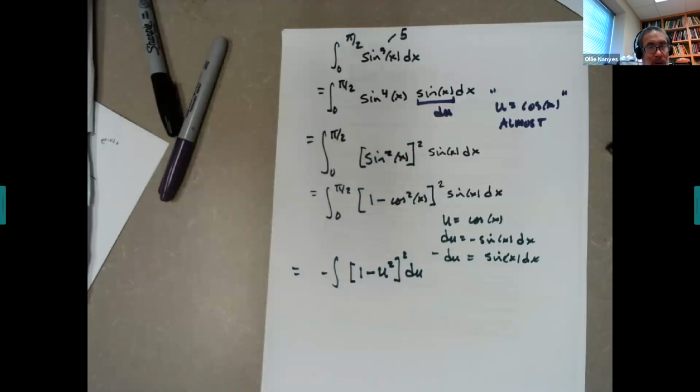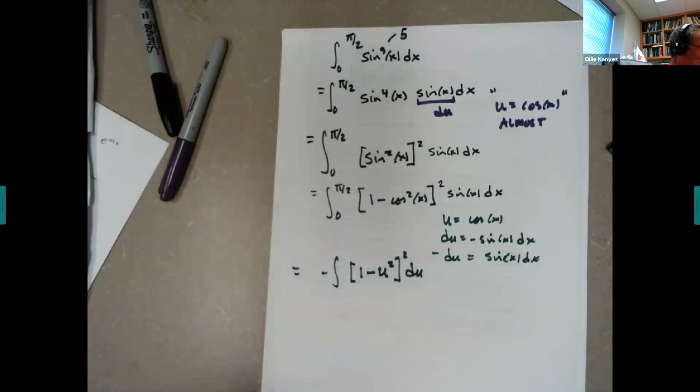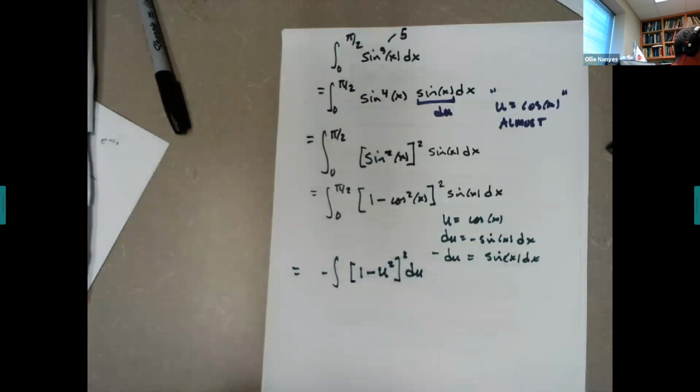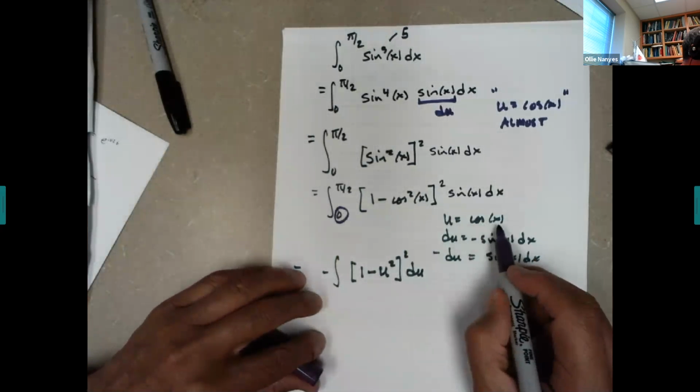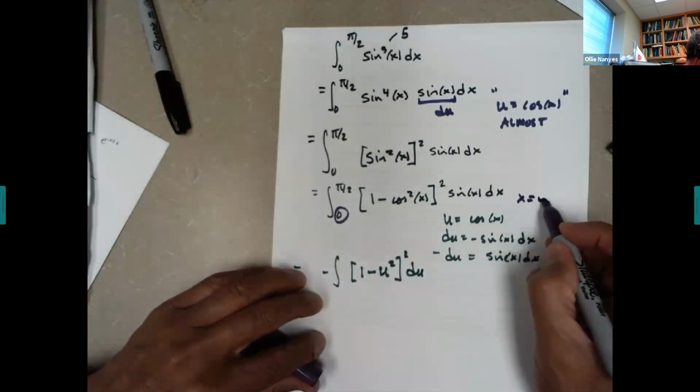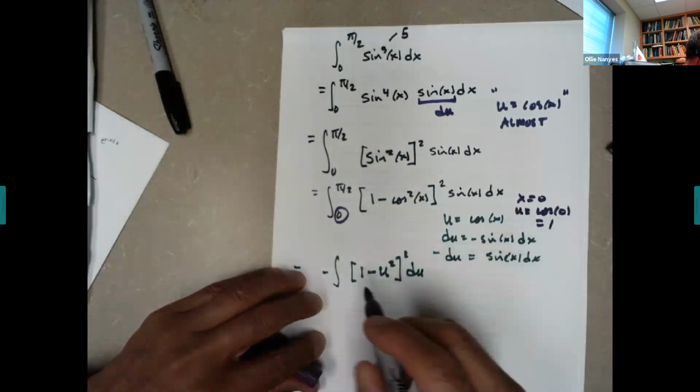Now we do have some limits to worry about. That should not be a problem. Where x is 0, u is cosine of 0, which is 1.